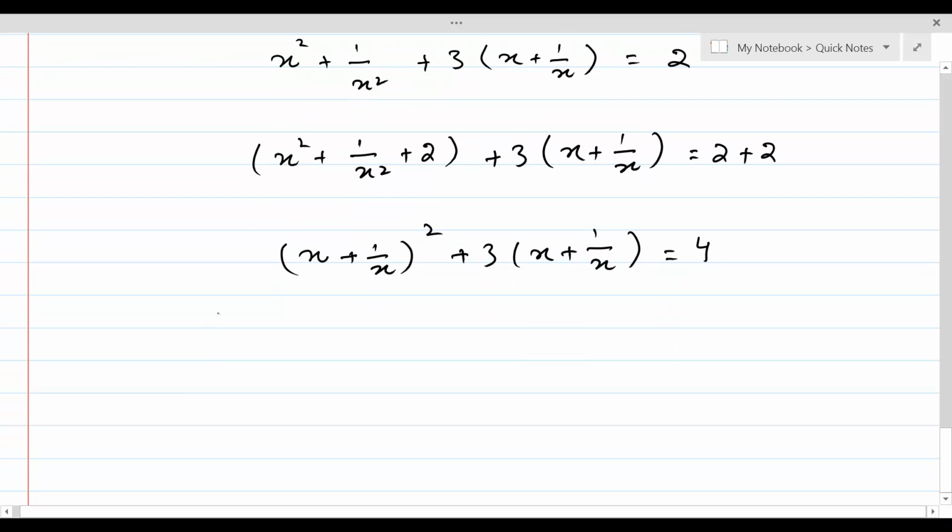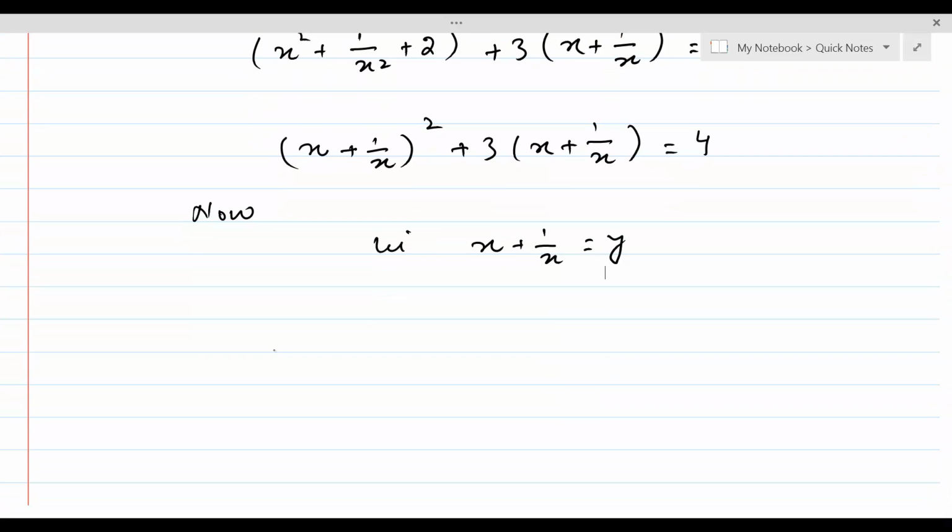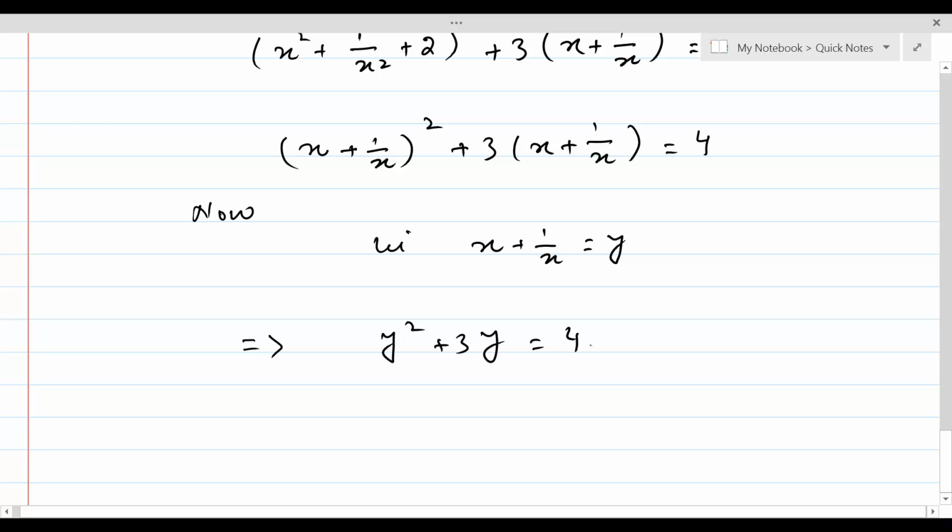Now, let x plus 1 over x equal to y, and then this first term is y squared. This means y squared plus 3y is equal to 4.